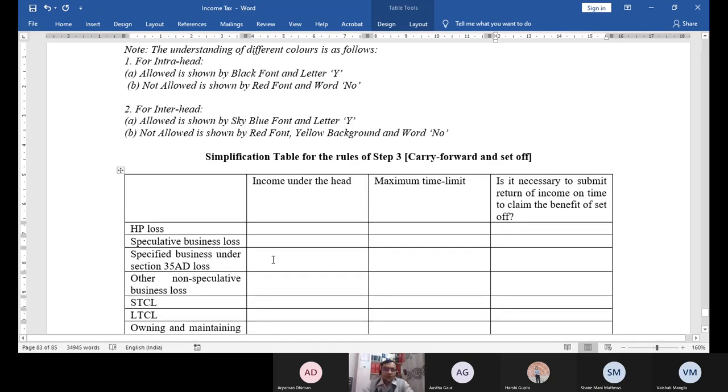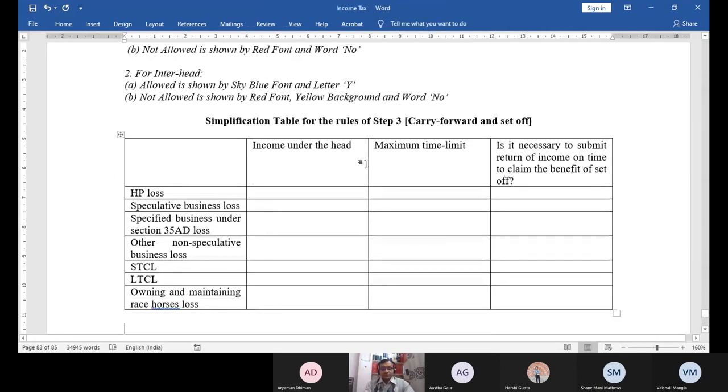Now see, I'm starting my next rule. Once any loss is carried forward, one thing is sure: in the next year it will remain in the same head. So there is no inter-head concept now. Points to be noted.